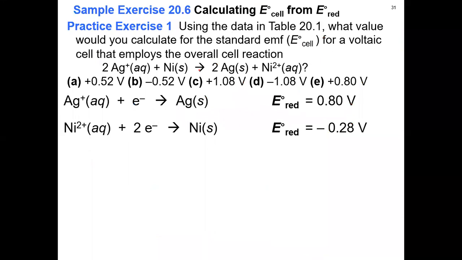Okay, so this question is using the data in table 20.1.